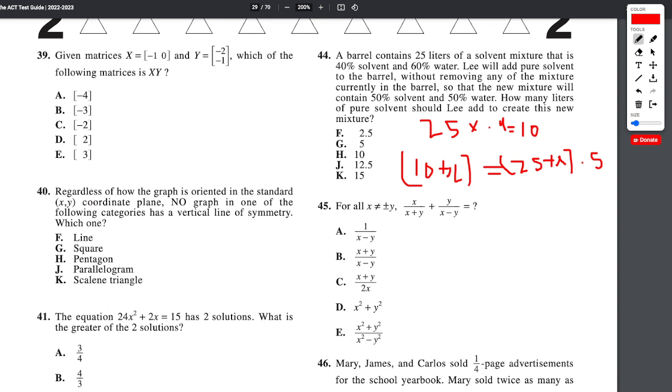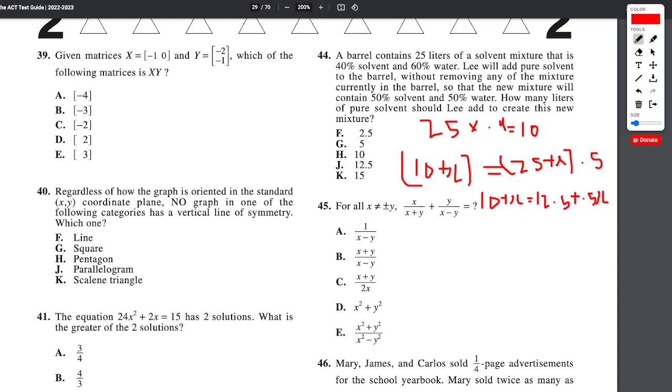of that. So, when we simplify this, we're going to get 10 plus x equals 25 times 0.5, which is 12.5, plus 0.5x. Okay, and then just moving stuff around.